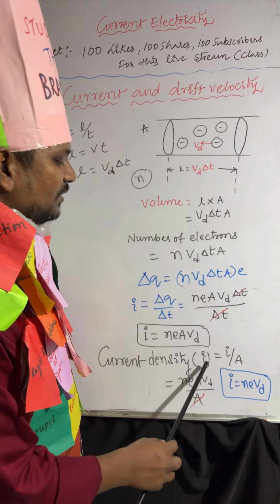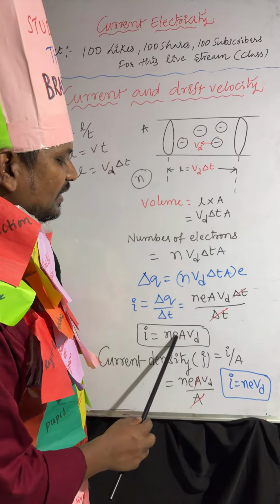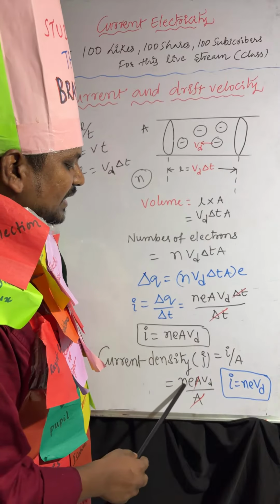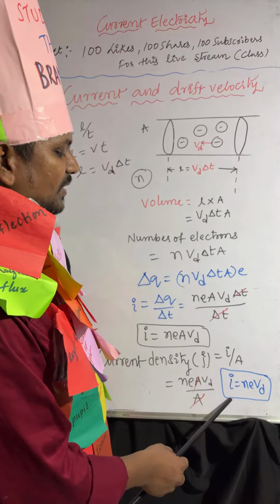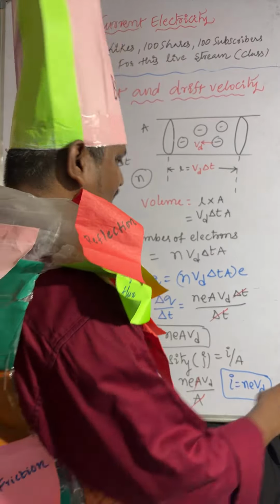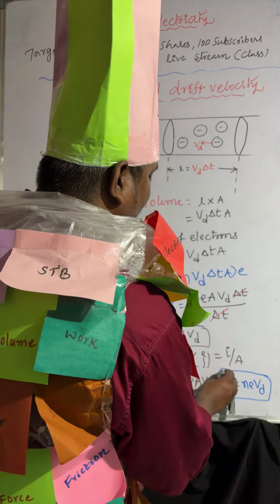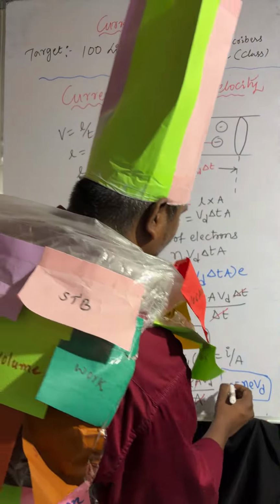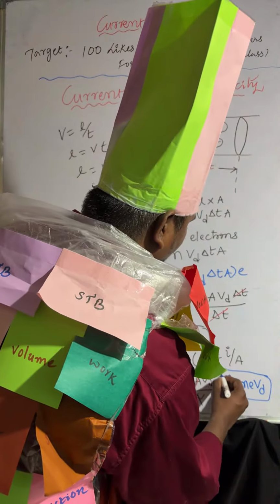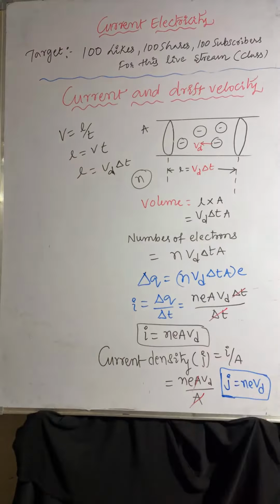J equal to I by A. So what is the I value? n e A Vd, that is n e A Vd by A. A gets cancelled. Current density J equal to n e Vd. Understood or not? Is it clear?